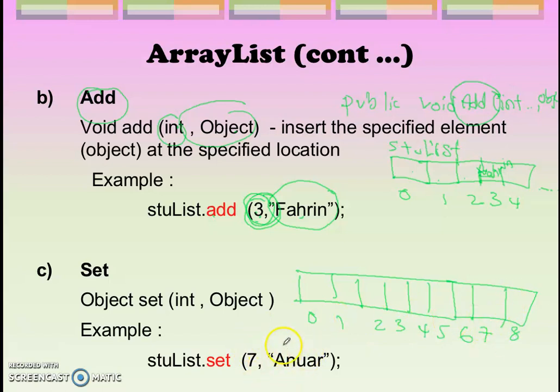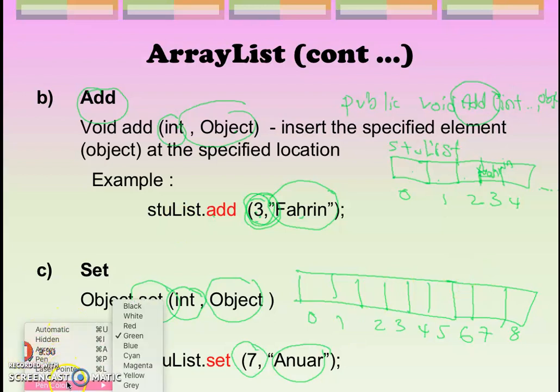So what we need to do is set ni, apa yang dia akan buat adalah dia akan update pada index, yang integer ni index ke berapa, and the value that you want to update to. So index ke 7, value yang you akan update kepada Anwar, tak kisahlah the existing value apa, we just want to change, update to Anwar.